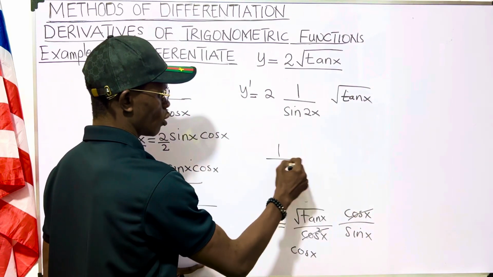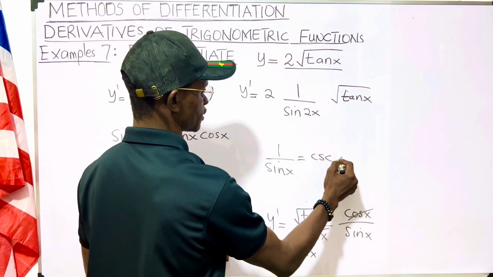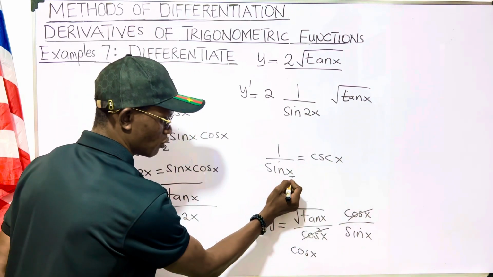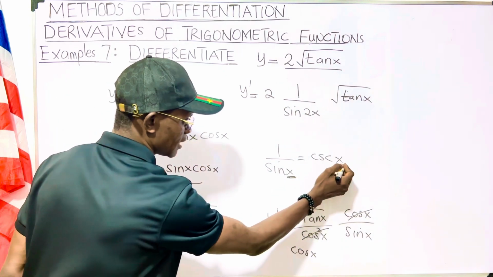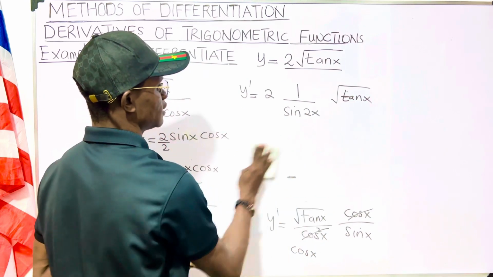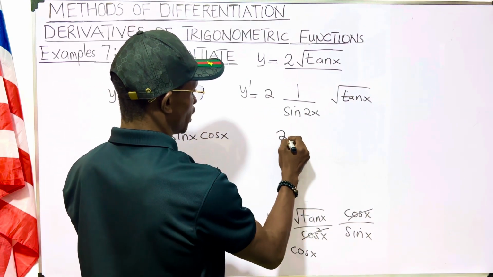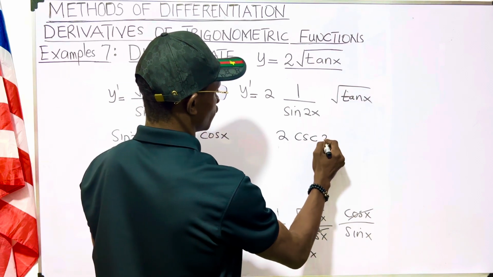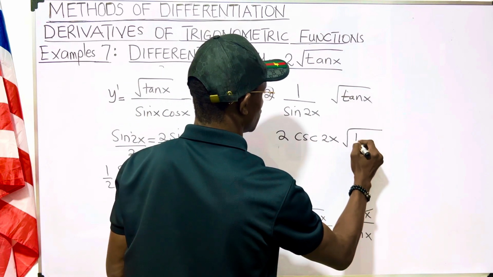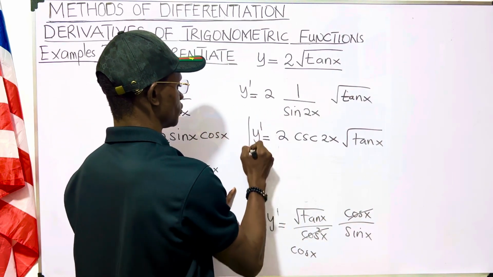We know that 1 all over sine of x is equal to cosecant of x. Whatever the angle is here, it's the same angle that will be on this side. So since this is 1 over sine of 2x, you will have cosecant of 2x, then the square root of tangent of x. This is y prime.